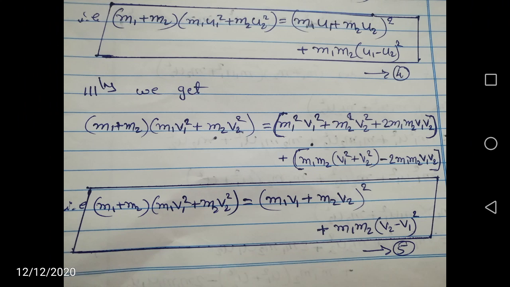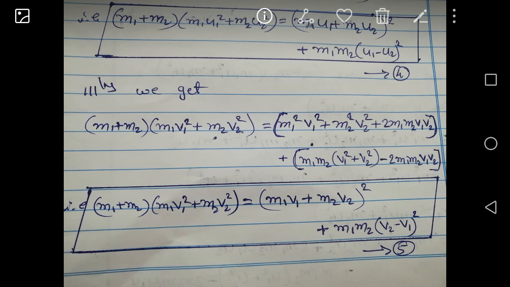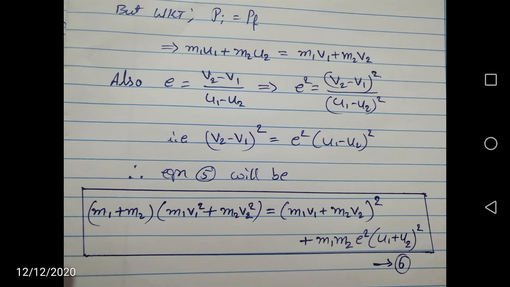That is, (m1 plus m2)(m1 v1 square plus m2 v2 square) equal to (m1 v1 plus m2 v2) whole square plus m1 m2 (v1 minus v2) whole square. Let this be equation 5.